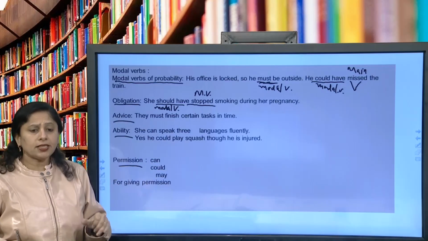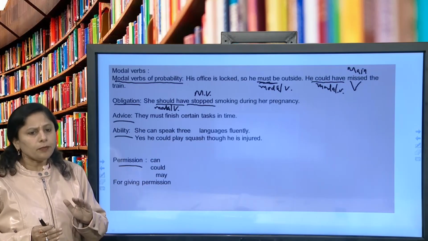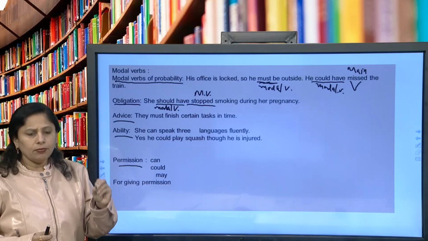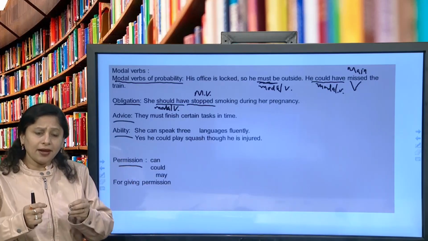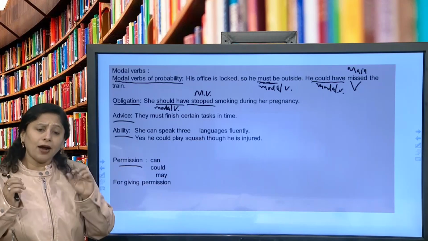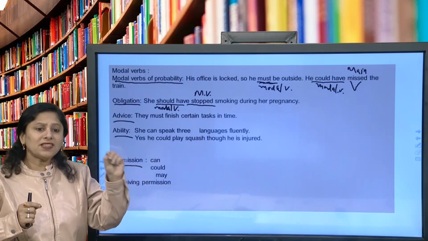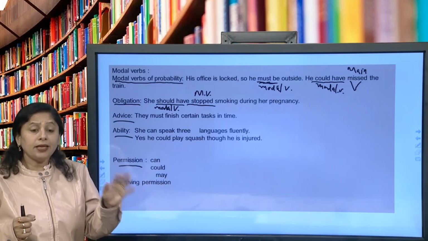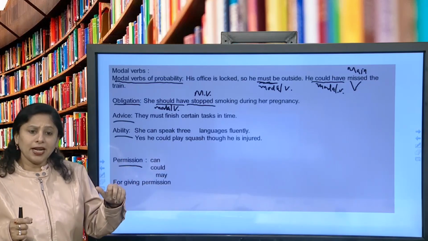And remember that this modal verb never takes any suffixes or prefixes. You can put the s in the main verb, as for example, he dances, he eats the banana, he sleeps in the afternoon. But when there is a modal verb, he must sleep, he can sleep, he may sleep, he may eat, he may dance, he can eat the banana.